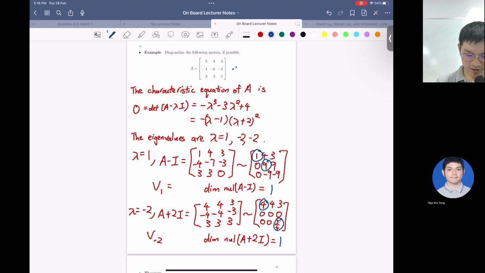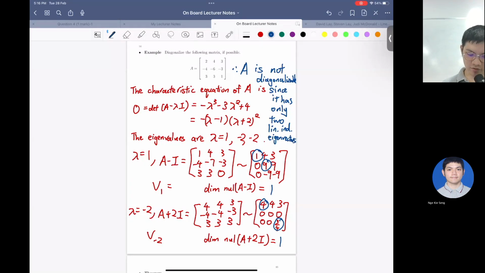This means A is not diagonalizable, since it has only two linearly independent eigenvectors.